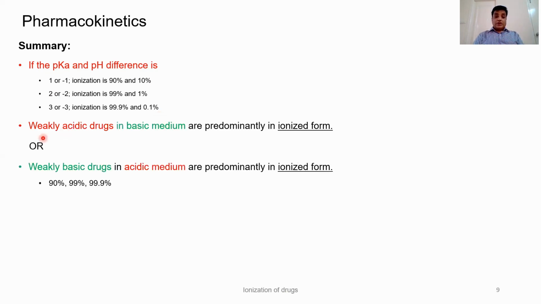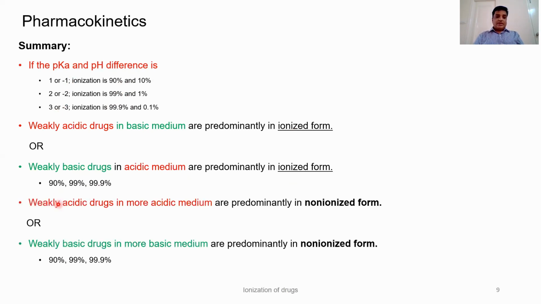Acidic drug in basic medium, or a basic drug in acidic medium, are primarily in ionized form, which means the acid is ready to donate protons and the base is ready to accept, so they are in ionized form. More ionized means it could be 90, 99, or 99.9%, depending on the surrounding pH and pKa difference.